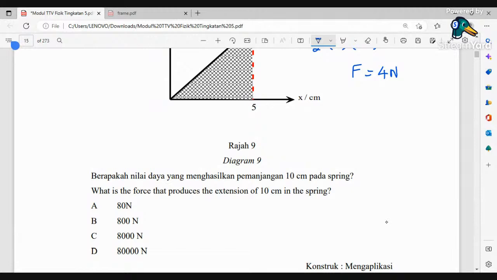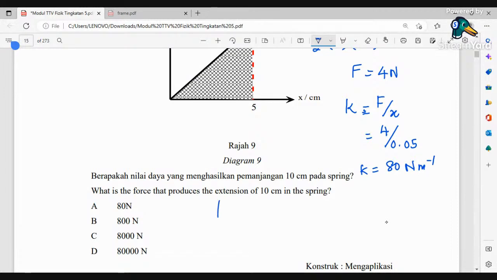Okay. Now if I get here 4 Newton, calculate K, F divided by X. Okay, F is 4 Newton, X 5 centimeter. Convert to meter. So I will get is 400 divided by 5 is 80 Newton meter negative 1.